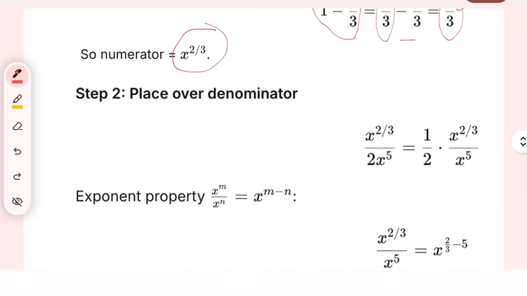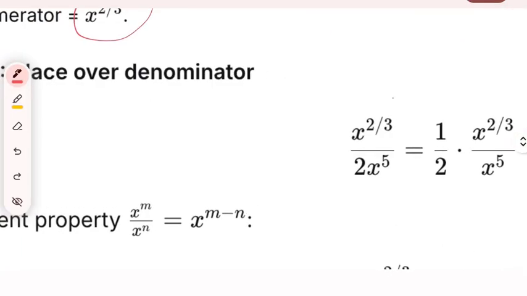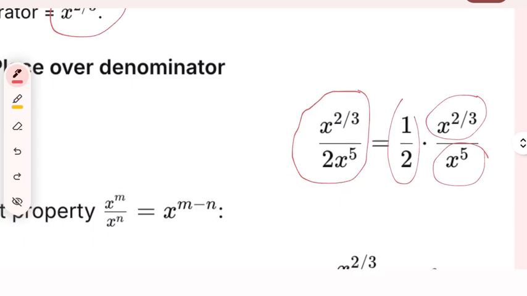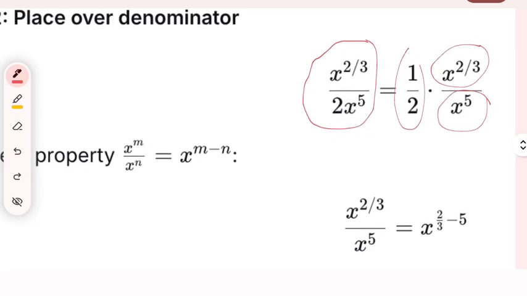Now, of course, there's still a denominator, right? So we have this one now. Now we have the numerator, and we divide it by the denominator of 2x to the 5, or we can have it as 1/2 times the numerator over the denominator, x to the 5. Okay, what property is this? There is a property that we can apply here.